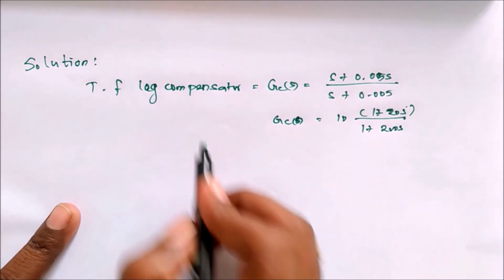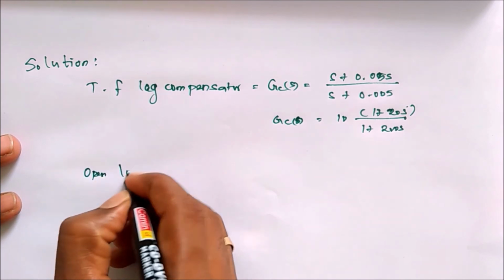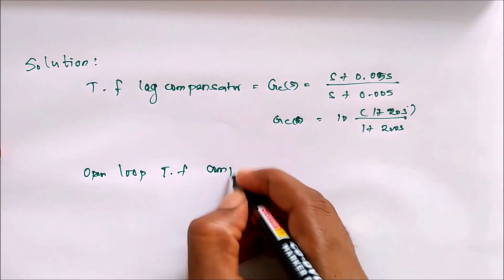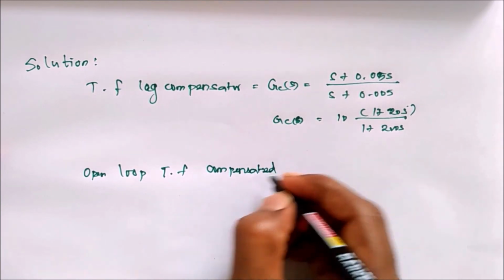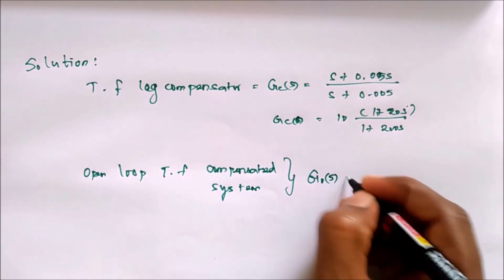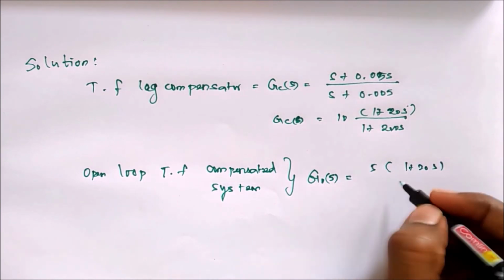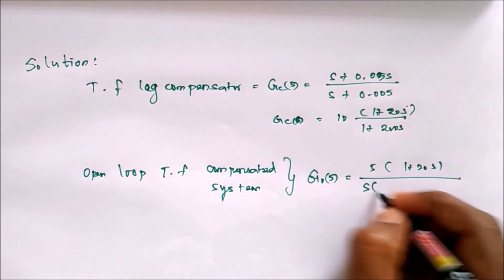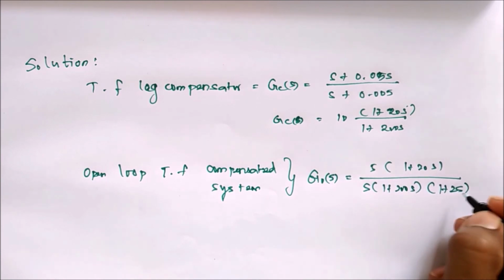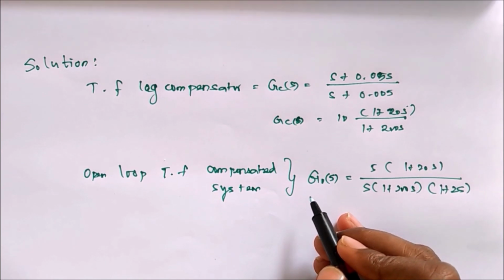So this is the transfer function of the lag compensator. Next one is the open loop transfer function of the compensated system, G0 of s equal to 5 into 1 plus 20s divided by s into 1 plus 200s into 1 plus 2s. So these two are the required things for the given problem.